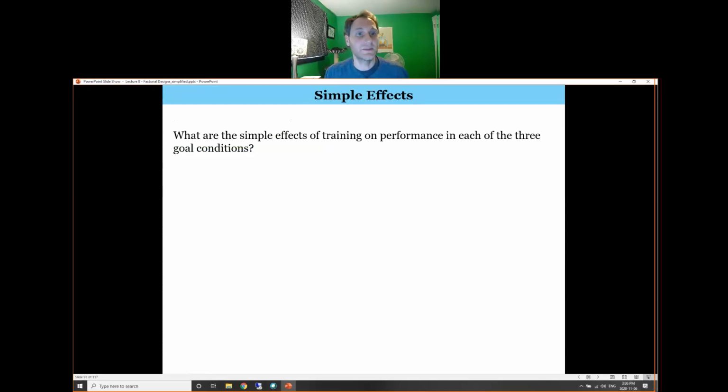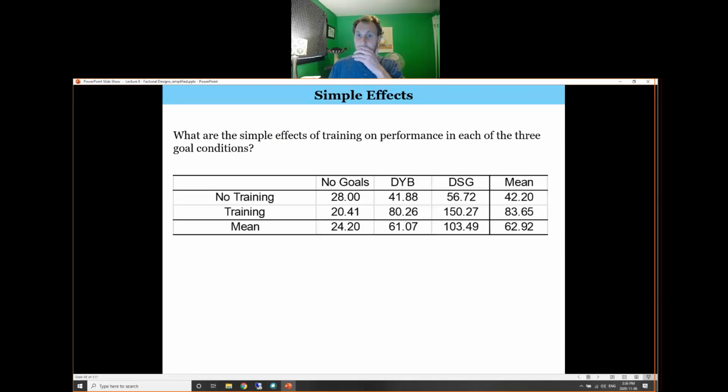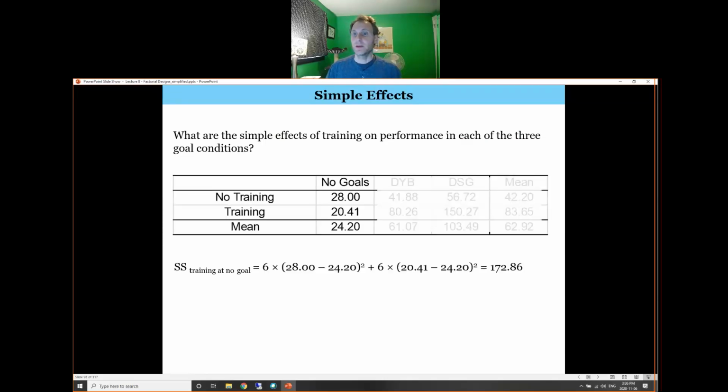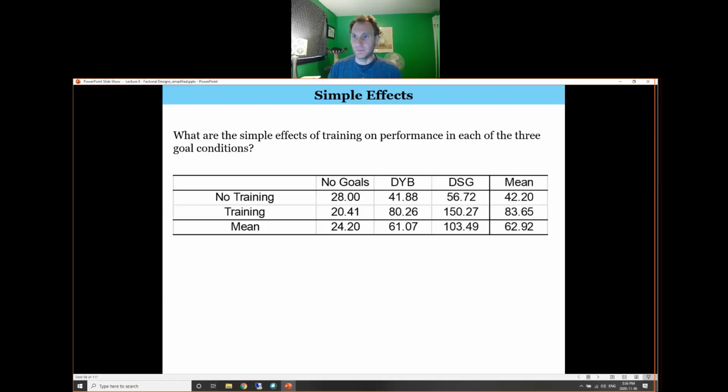So let's consider our simple effects. What are the simple effects of training on performance in the 3 goal conditions? So here, we're looking at the effect of training at no goal. I'm going to go back and look at the plot real quick.